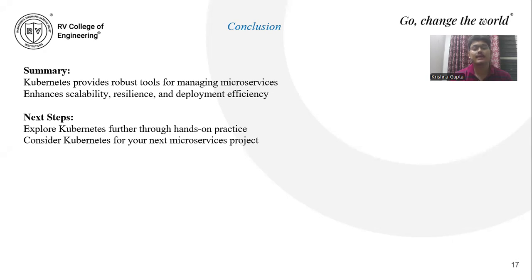They should get hands-on practice with Kubernetes. As it is a later part, you have to move through the DevOps cycle from Git and then Jenkins and then Docker and then other tools. Then we can get hands-on practice with Kubernetes, and they can consider Kubernetes and integrate it in their next microservices project.